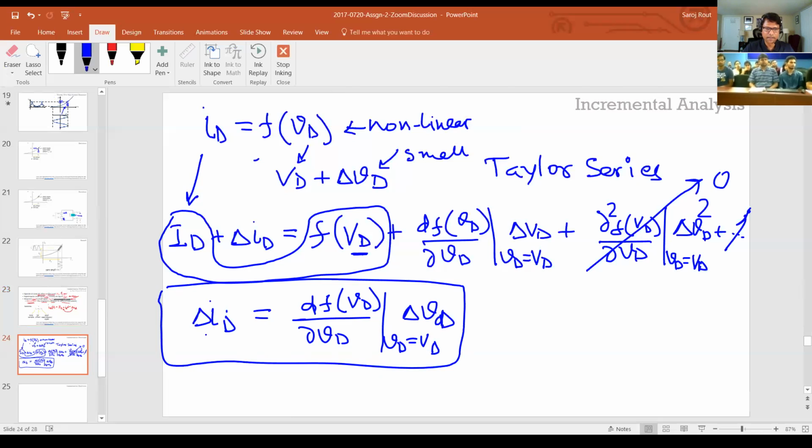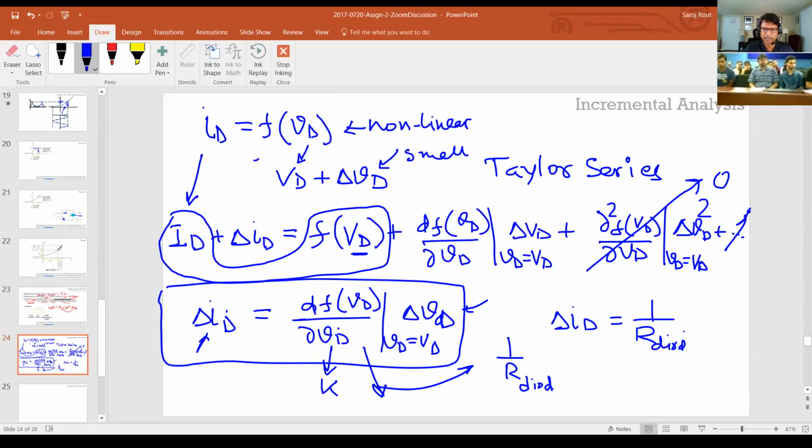So now you get an incremental ID, which is actually a constant, right? This is a constant because it's just a derivative, times the delta VD. And this is your small signal factor. In this case, this is nothing but 1 over the resistance of that diode, let's say, right? This derivative term. So essentially delta ID is your equivalent of that diode in that DC bias region, times delta VD.